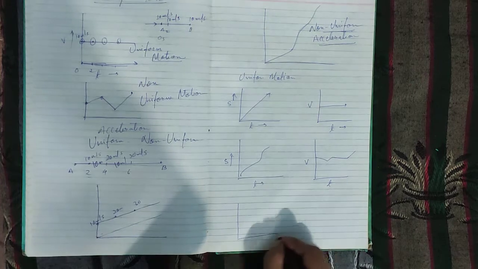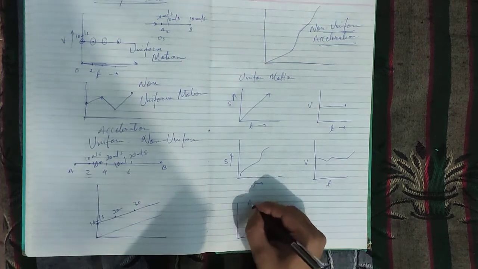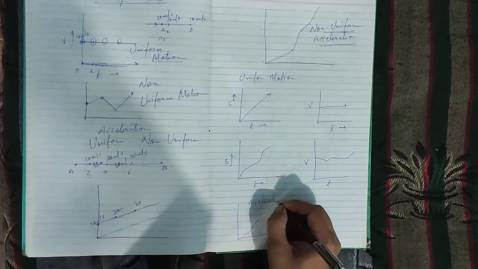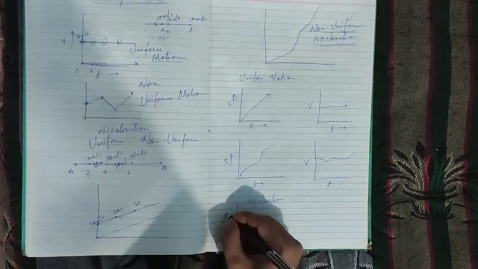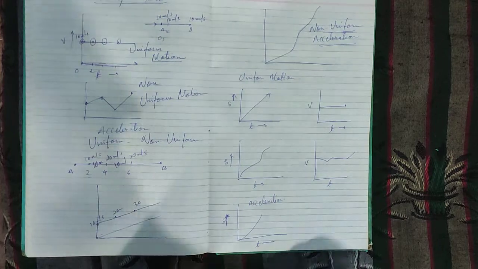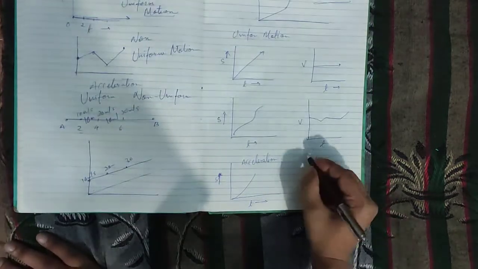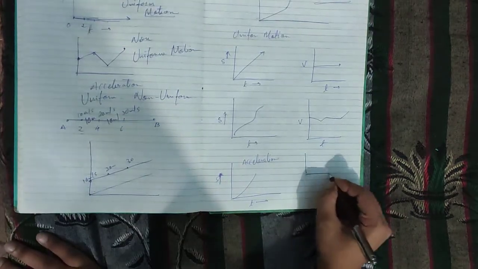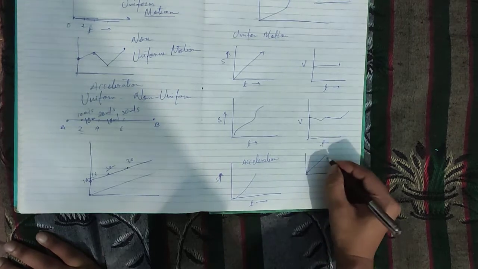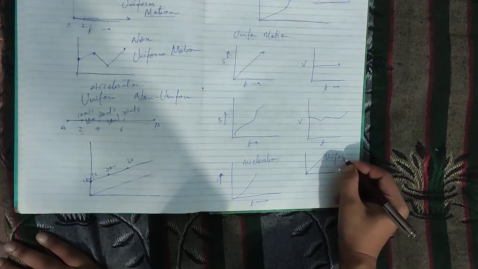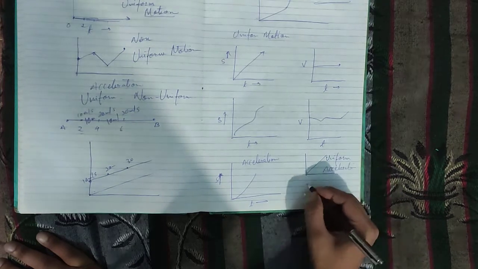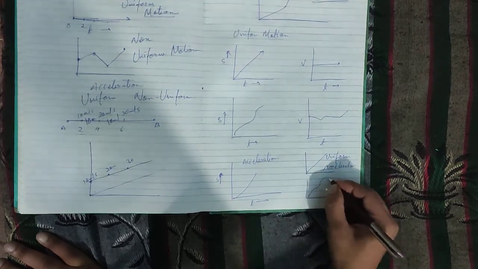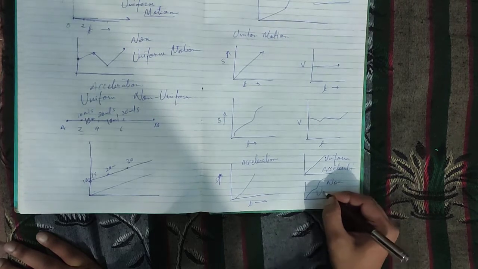Simple, we just write over here curve. This is acceleration for displacement time graph. For velocity time graph, I am drawing two graphs over here for you to understand. This is uniform acceleration, and this is non-uniform acceleration.